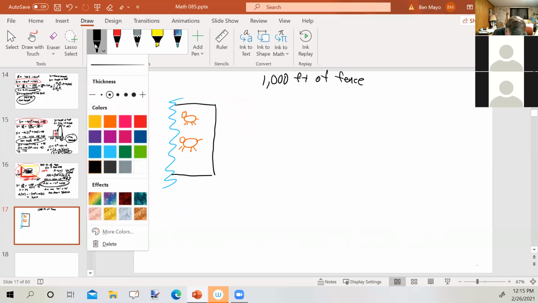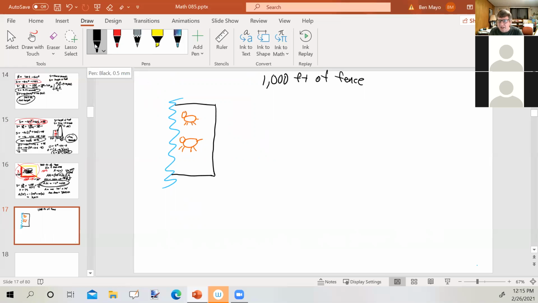Okay. Point is, though, we're going to build 3 sides of a rectangle instead of the whole thing. Now, if this is a rectangle, wouldn't you agree that those two sides are going to be equal, whatever they are? So we could call them both the same letter. We'll call them X. So these are the three sides up against the river, okay?